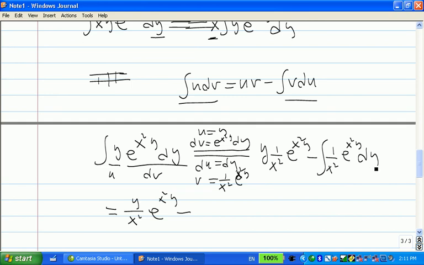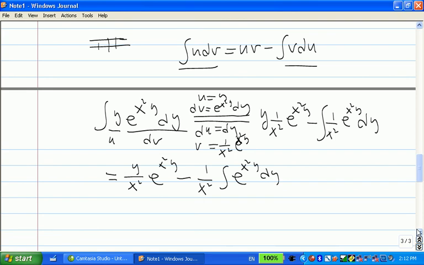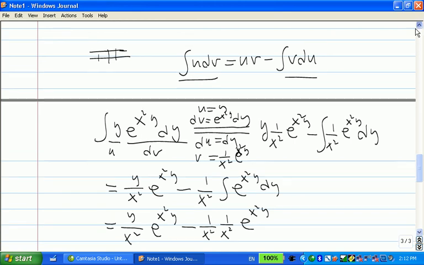The second integral is about y. You treat x as a constant. You pull that out. e to the x squared y dy. Think about that, x is a constant. So this second integral can be integrated easily. It gives you another 1 over x squared, then e to the x squared y. That's your antiderivative.